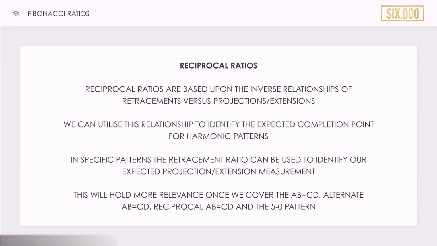And we can also use reciprocal ratios for the alternate AB equals CD, not as relevant in that formation. We have the reciprocal AB equals CD and also the 5-O pattern. And this actually has a reciprocal ABCD measurement inside it. But not to confuse you, just focus on the module in hand.